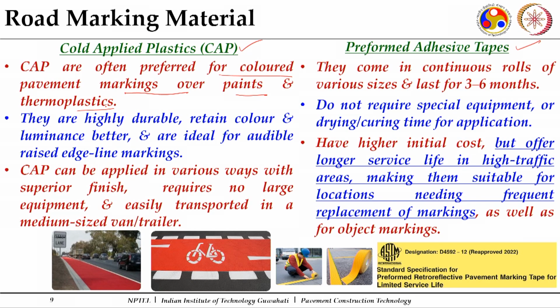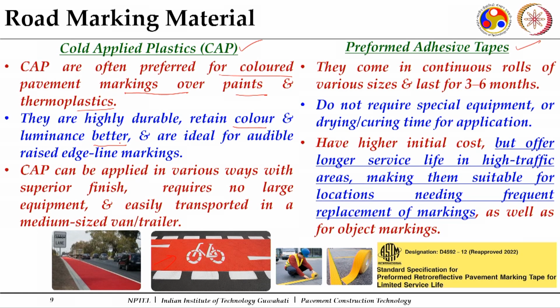Say you want colored pavement markings, like this cycling track, where a dedicated colored pavement marking is preferred. In this case we can go for cold applied plastics. They are highly durable, retain the color for a longer period of time, and their luminance is also good enough.